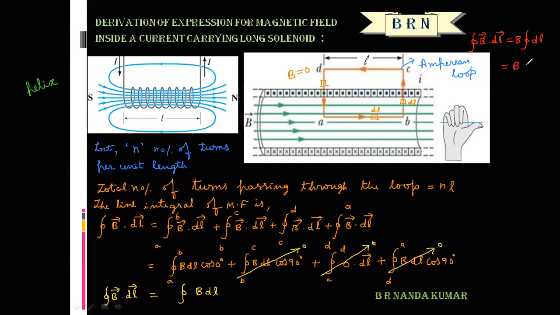So B integration of dl is BL. L is the length of the side AB, right? AB length is small l.